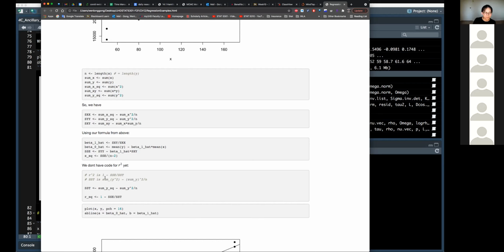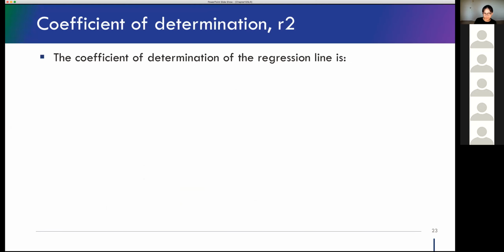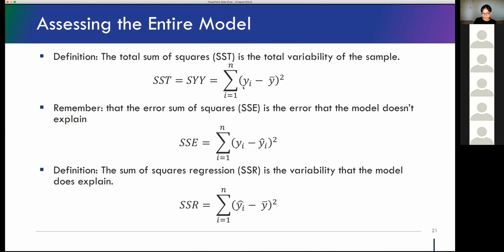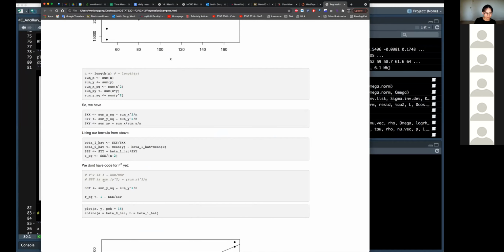Remember the formula for R square is 1 minus SSE divided by SST, and SST is the sum of yi minus y bar, squared. I think there is an easier formula for this. So that's just the sum of Y squared.